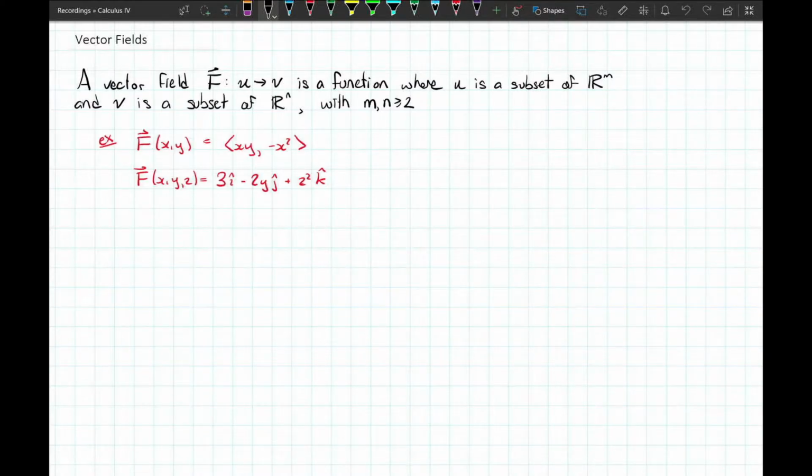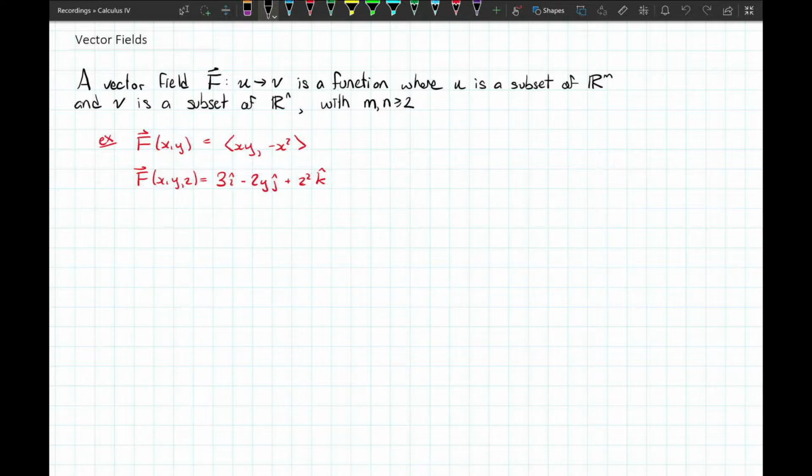If we wanted a vector field of 2 dimensions, x and y, it could be a vector of 2 dimensions, let's say. So for any x and y, maybe we end up with a 2-dimensional vector xy comma negative x squared. We could also take a look at a 3-dimensional vector field. Here I'm using points in space x, y, z, and those correspond to vectors in 3-dimensional space as well.